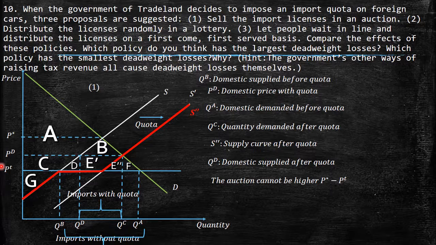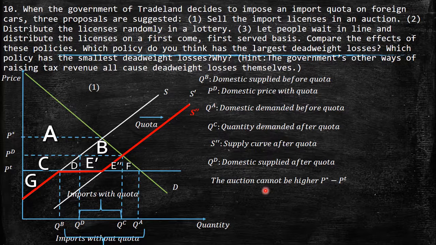Once the auction price is higher than P star, the license holders don't have incentives to pay this right in order to import. So in this sense, the auction price cannot be higher than P star, because once it's higher, there are no incentives to import.